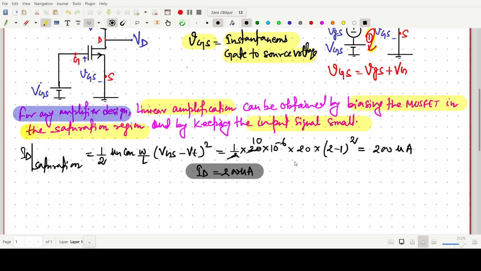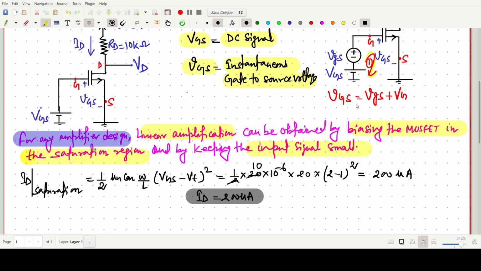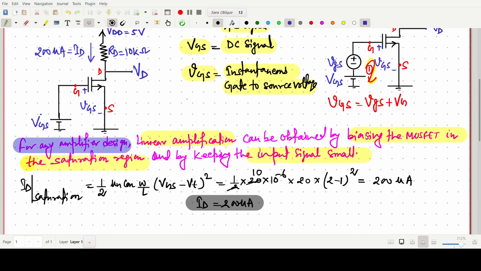That's the first portion. Now we have to find VD. ID is now known to us, 200 microampere. The VD expression we can write very simply: VD equals VDD minus ID RD.